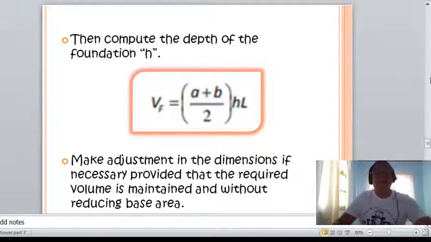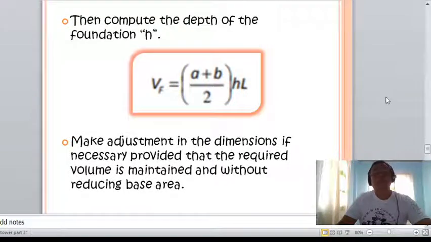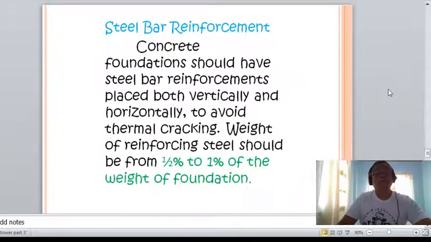Make adjustments in the dimensions if necessary, provided that the required volume is maintained and without reducing the base area. Do not reduce the area of the base of the foundation, class, of course to sustain the weight. So, do not reduce.